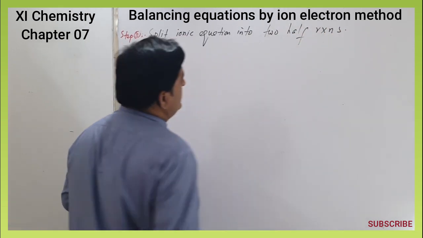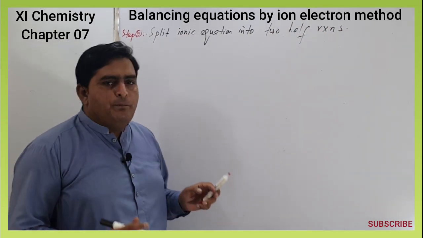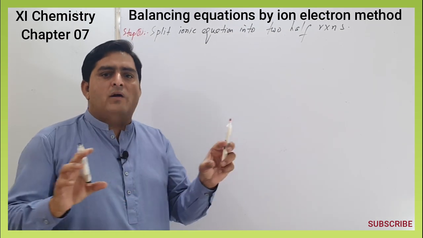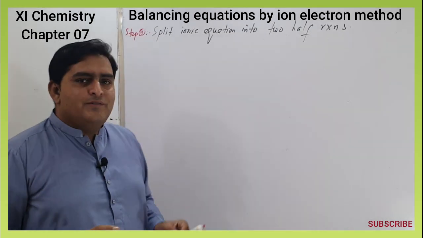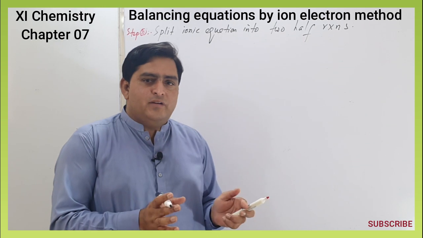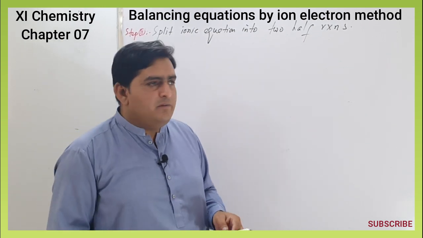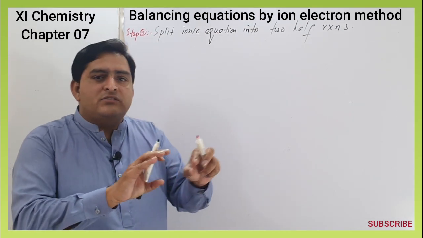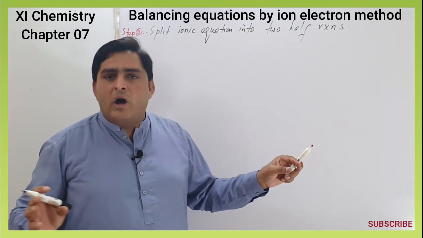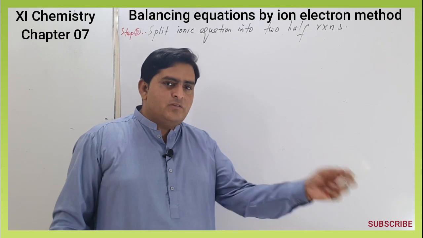In step 2, we have to break up the equation into two half reactions. As this equation represents a redox reaction, we know that oxidation and reduction take place. We have to separate these into two half reactions. One is called oxidation and the other is called reduction.